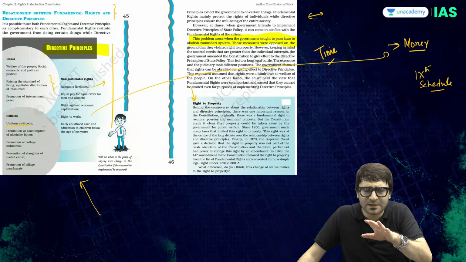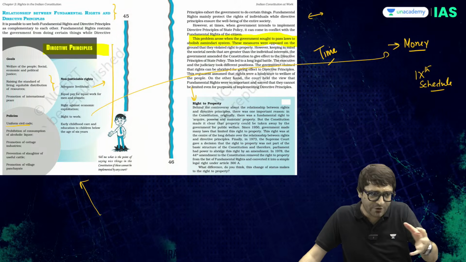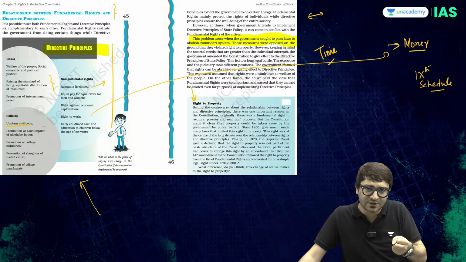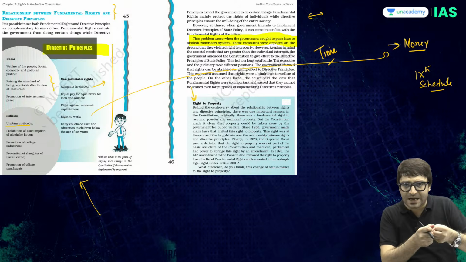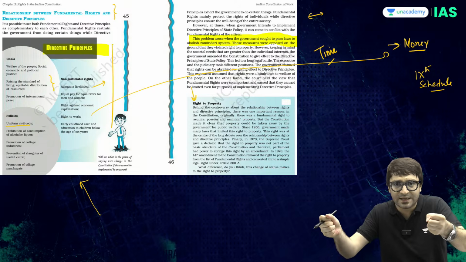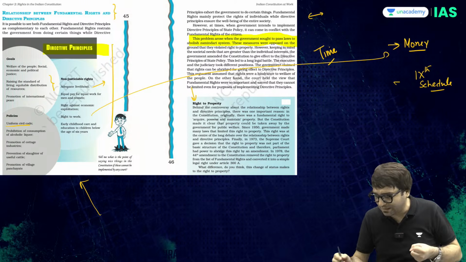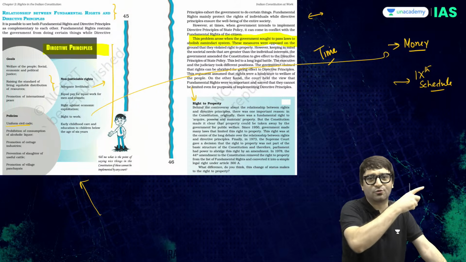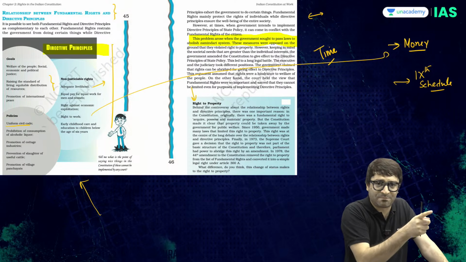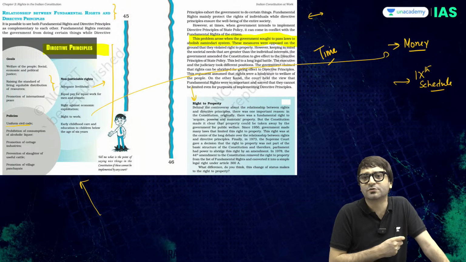Because if your fundamental rights are violated, where will you go? You will go to the court. So if the right to property of the zamindar has been snatched, and this land is distributed amongst the landless workers, and the zamindar goes to the court, the 9th schedule says such a law cannot be challenged in a court of law. The court does not have the power to review the constitutional validity of this law.